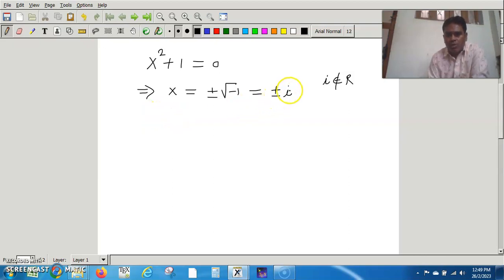So to include the solution, we need to add this i, means this iota, with the real number system. Then it becomes the complex number. So therefore the complex numbers are denoted by Z, and it contains two parts.